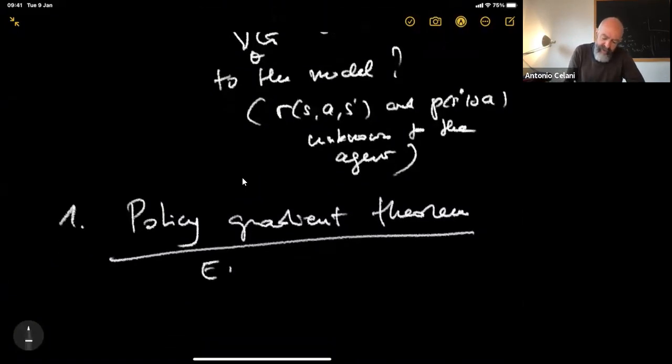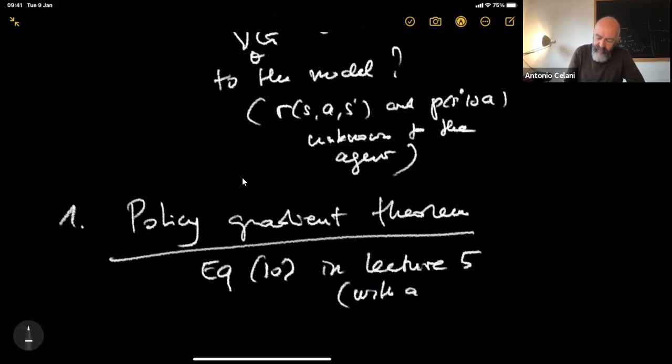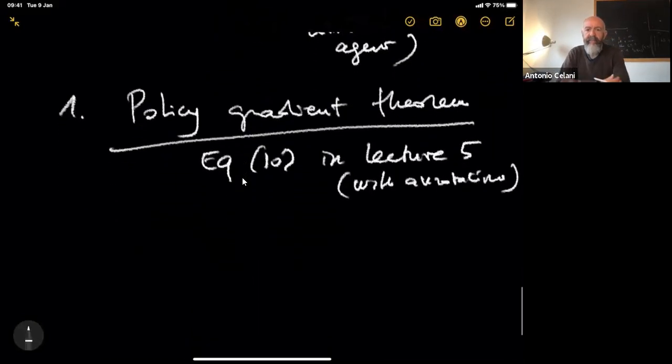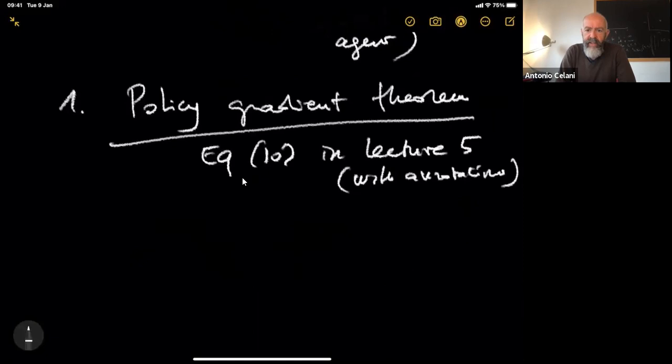In one of the derivations that you might remember, I will point you exactly to the reference in the lecture. When we discussed equation 10 in lecture 5, the version with annotations, which you can recover from the Slack channel, or you can look back at the lecture.